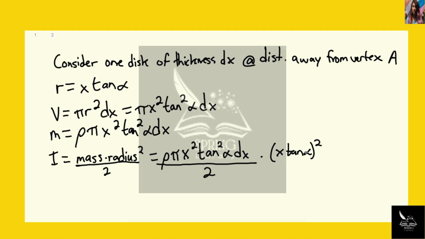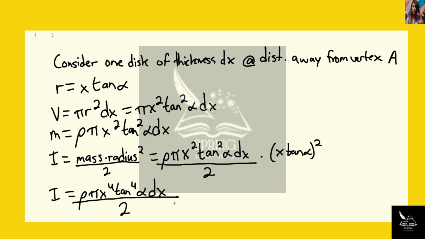That would be our radius term. And at this point, we can say that I is going to equal rho pi x to the 4th tan to the fourth alpha dx all over 2.